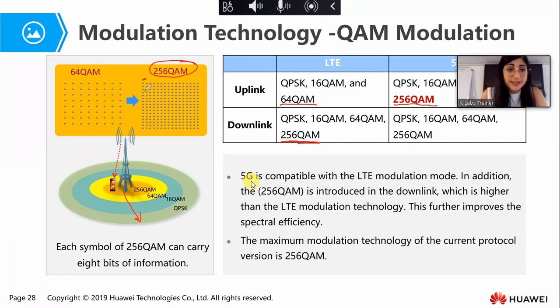So as the noise increases, we have to reduce the order of our modulation. So we can use 256 QAM if we are closer to the base station, and then if some noise is introduced, we can reduce our modulation to 64 QAM, 16 QAM, or also QPSK. So we can use 2 bits per symbol, we can use 4 bits per symbol, or we can use 6 bits per symbol or 8 bits per symbol.